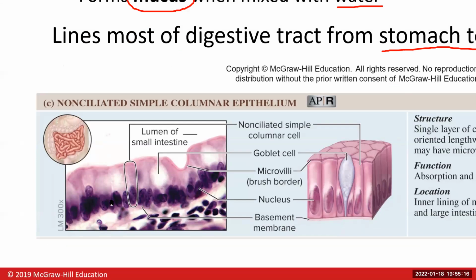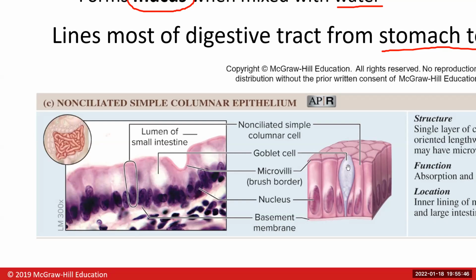And then every once in a while, we stick in these goblet cells. And these cells literally look like a wine glass. Here's the part that you drink out of, and then it's really narrow down through here. You can see it better on our drawing here. So there's the goblet cell, and at the bottom, it kind of tapers down like the stem of a wine glass. And so these cells make that mucin, which is a glycoprotein, which is a protein with a carbohydrate group attached to it.